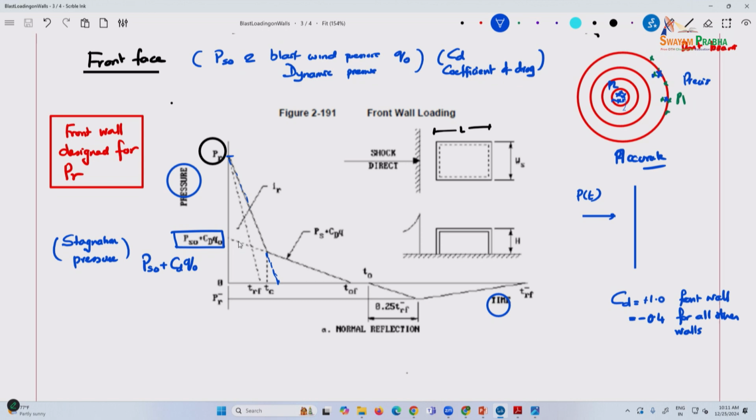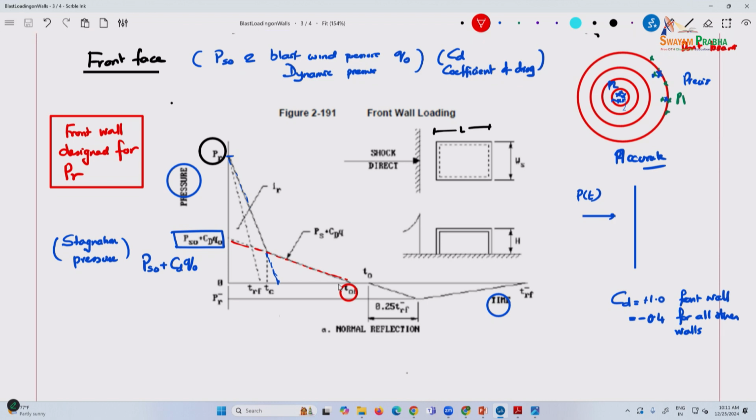Now, that is the blue line. This is the red line. The drag also has an equation, and you will see the TOF that we calculated. The drag stagnation pressure goes to 0 over the load TOF. It is not the load duration, but the TOF.